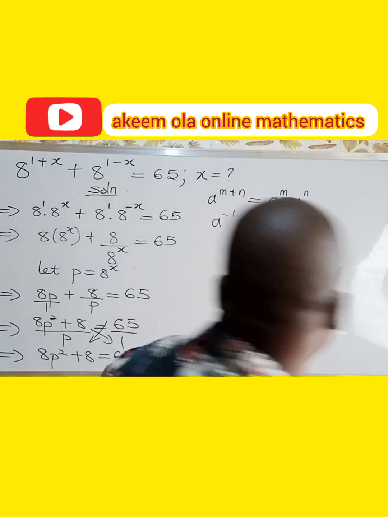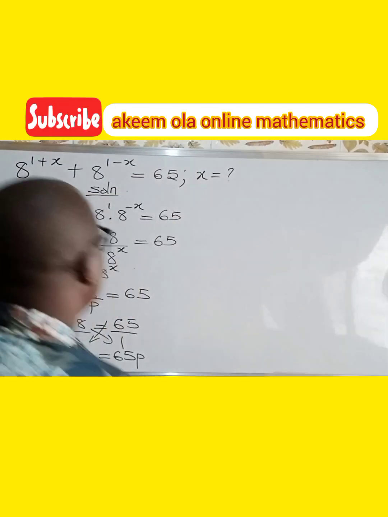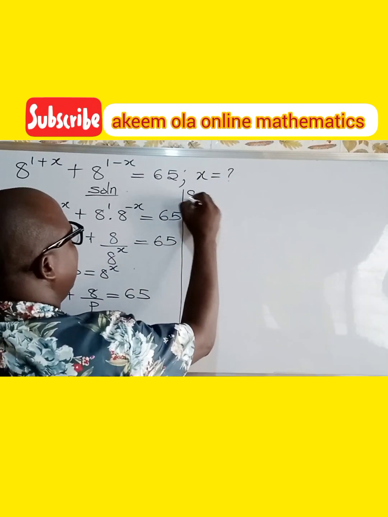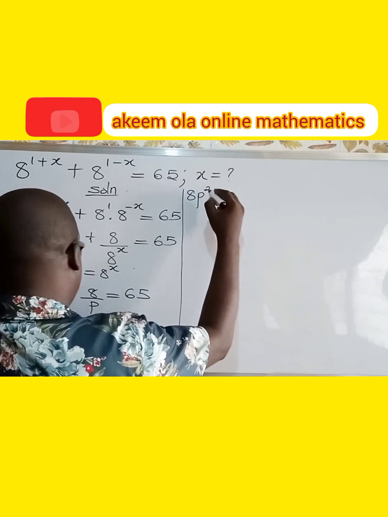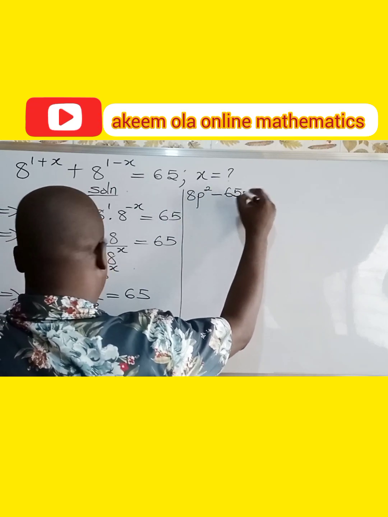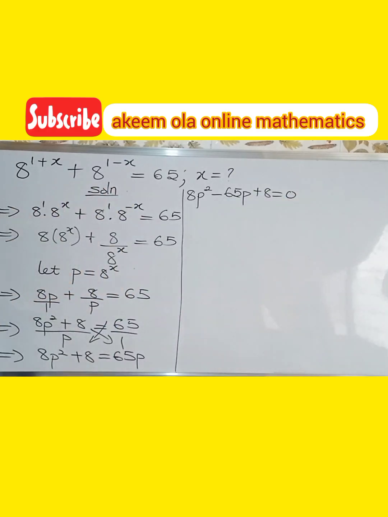Now, I am going to move the 65p inside and rearrange: 8p squared minus 65p plus 8 is equal to 0.